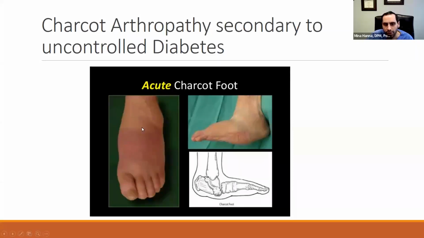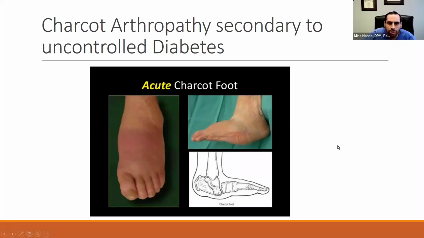Basically it's a breakdown of the foot. The foot breaks down, patients will have redness, heat, swelling, and it can almost look like an infection. Oftentimes patients will go to urgent care and be placed on antibiotics, and they might not improve. Really, you need to get x-rays to see if the foot is breaking down.